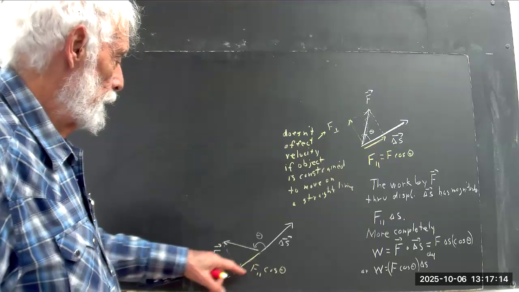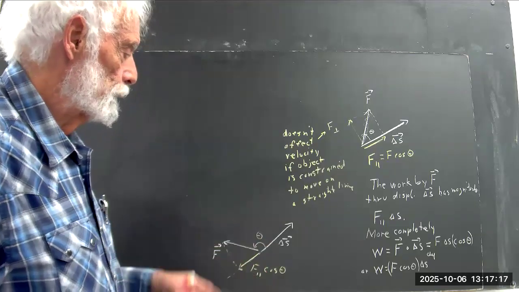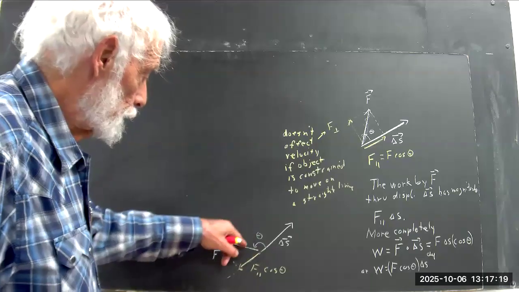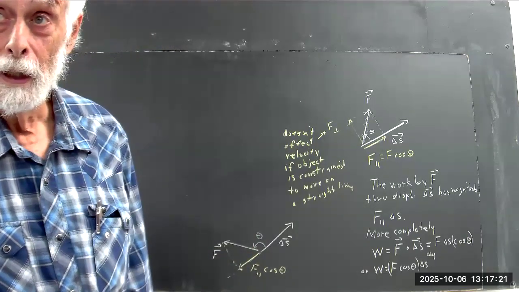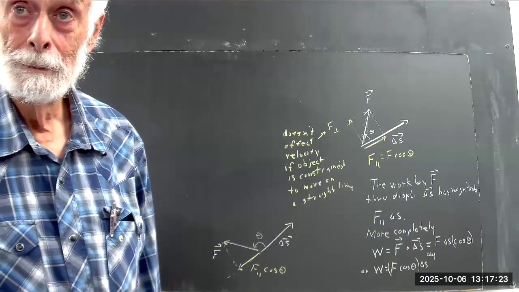If you multiply this by delta S, you're going to get a negative because theta is greater than 90 degrees. It has a negative cosine.